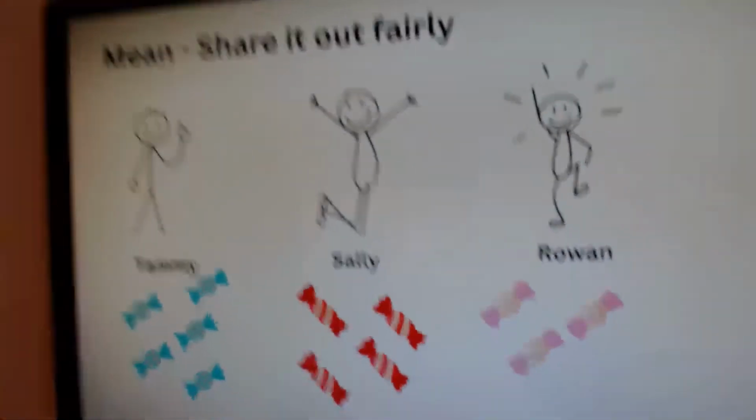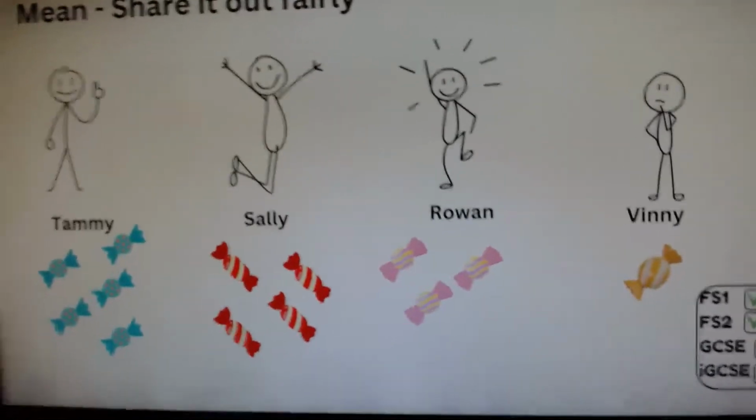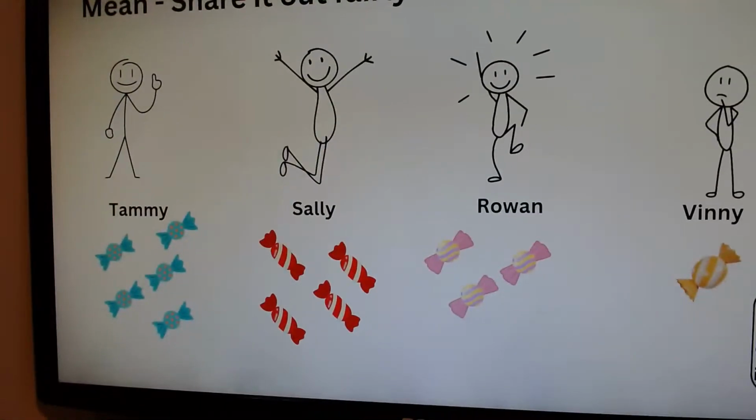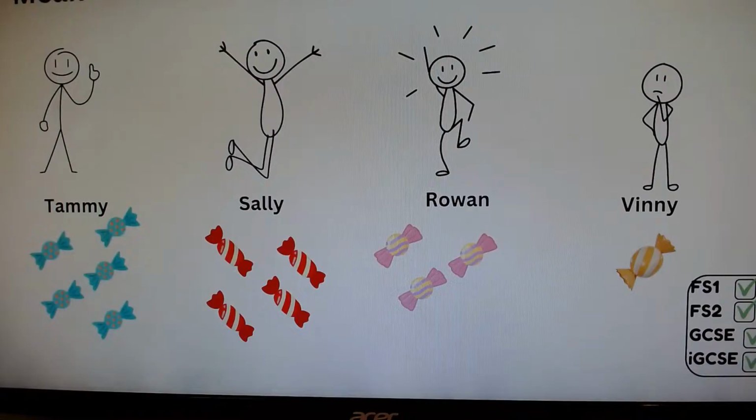What happens though if Vinny comes along, and you can see Vinny is like, how's this going to work? Vinny's come along. Vinny has got 1 sweet, but we're still going to share it out fairly. So Vinny's got 1 sweet. What's going to happen now? How many are they going to get if we share this out fairly?